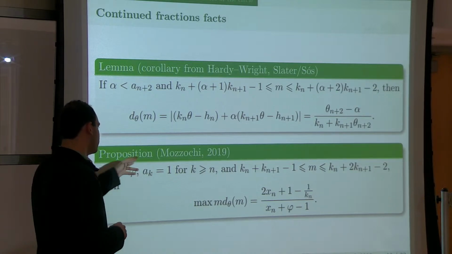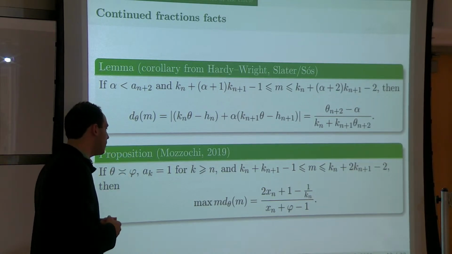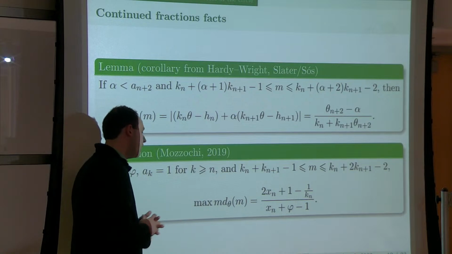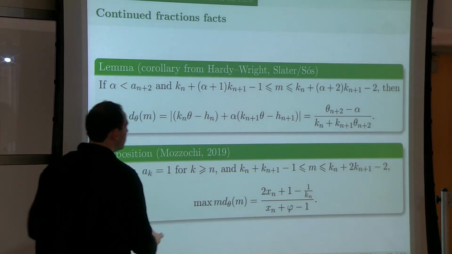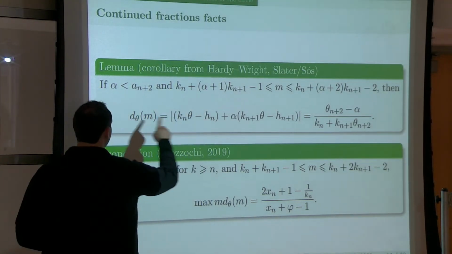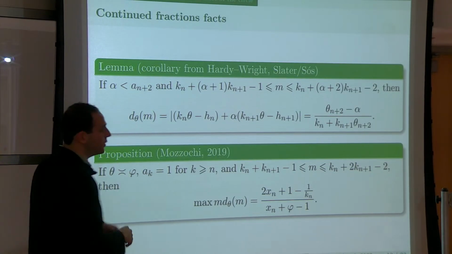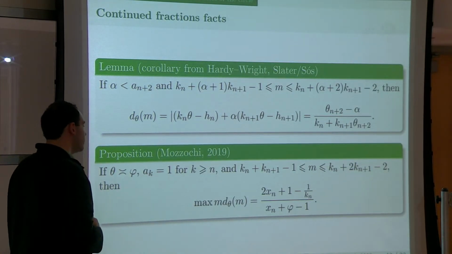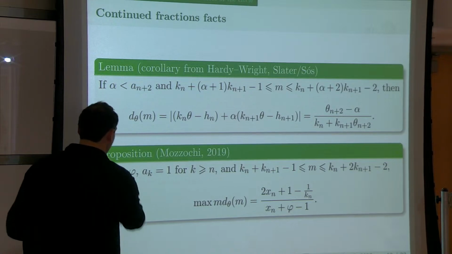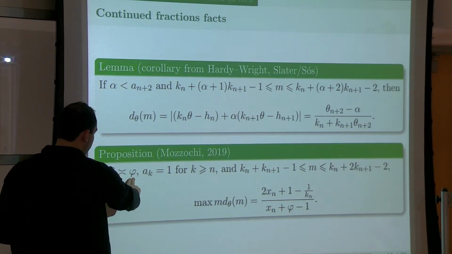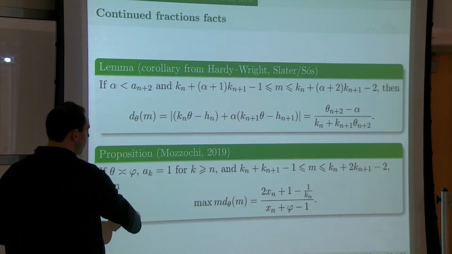And so using this, Jeff Mazzocchi a few years ago was able to show the following. On such an interval, here we're going to pick alpha to be 0, which of course we can always do because an plus 2 is always at least 1, it's always a non-negative factor. We're going to start with theta, which is in this equivalence class of phi.